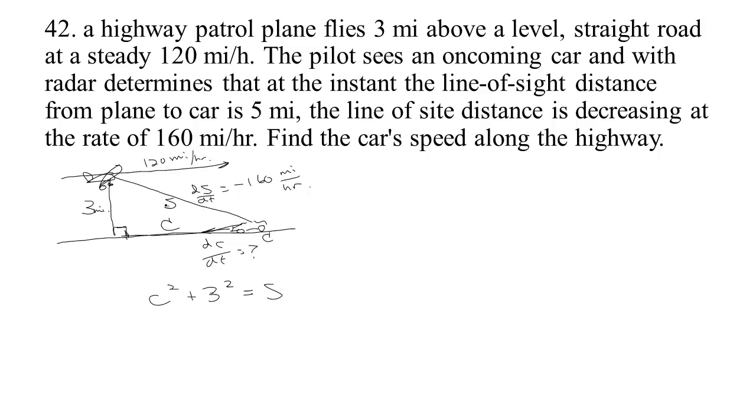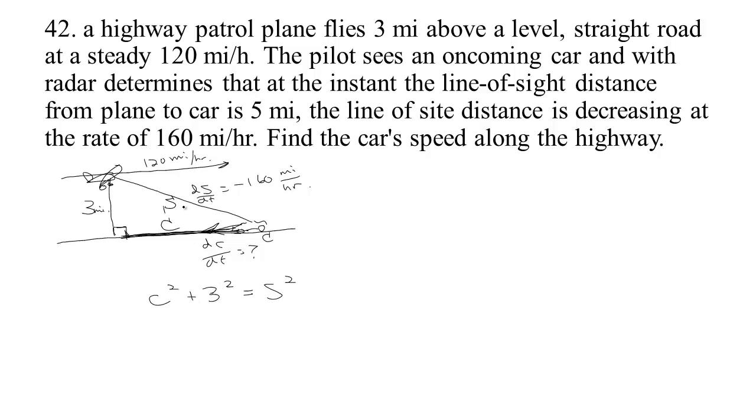Let me call this distance s, the straight line distance between them. So we have a relationship between the rate at which this straight line distance is closing, is decreasing. Ooh, that includes also the speed of the plane. So when we find this number, we're going to have to take out the speed of the plane to get the rate at which the car is going along here.